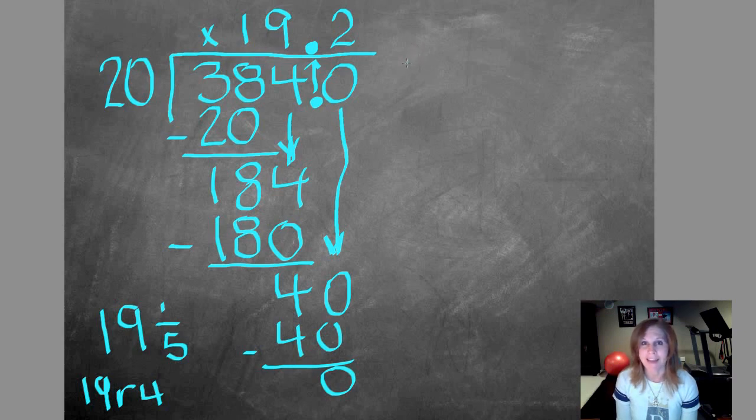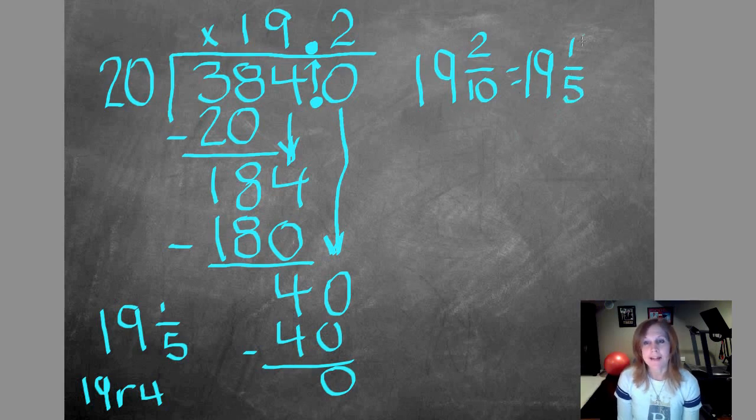If I were taking that 19 and 2/10 and writing it as a fraction, I would write it like this. 19 and 2/10, just like I read it as a decimal. Well, 19 and 2/10 can be simplified. We'll rewrite the quotient 19. And then 2 divided by 2 is 1, and 10 divided by 2 is 5.